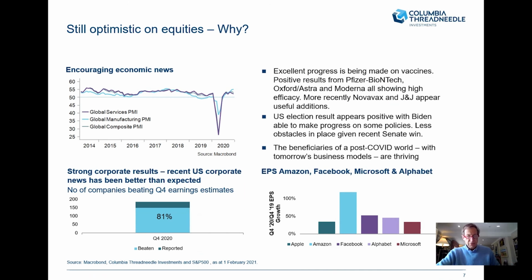Next slide shows other reasons why currently we remain optimistic on equities. And if we look at the top left-hand side, that is global purchasing managers indices. It is a very much watched economic indicator.